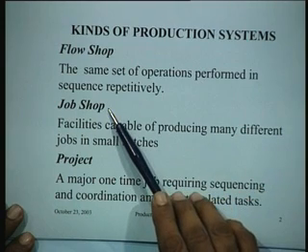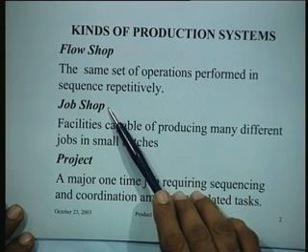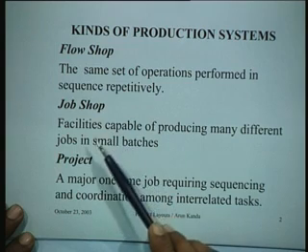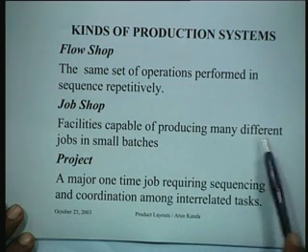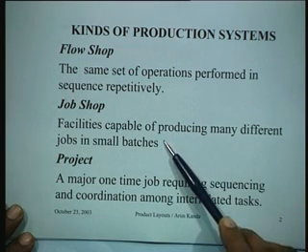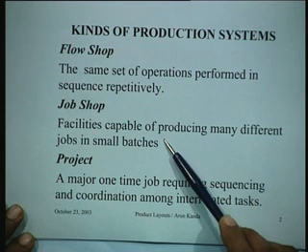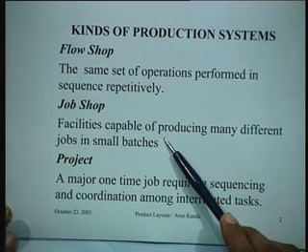On the other extreme, we can talk about a job shop. A job shop is something where the facilities are capable of producing many different jobs in small batches. So the difference between a job shop and a flow shop is essentially in terms of the variety of products that are handled.